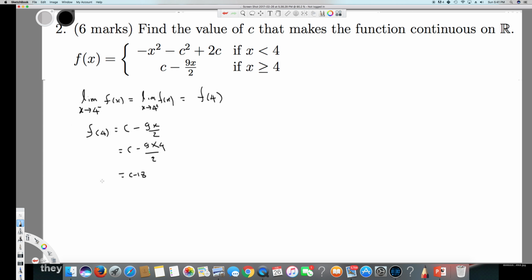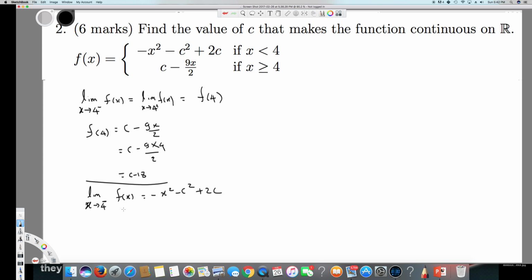Now we have to find the limit from the left hand side, meaning x is coming from less than 4. So it's going to be the limit as x approaches 4 from the left hand side. This is the equation at the left hand side: negative x squared minus c squared plus 2c.